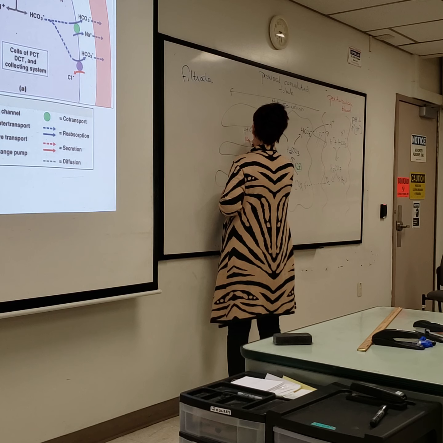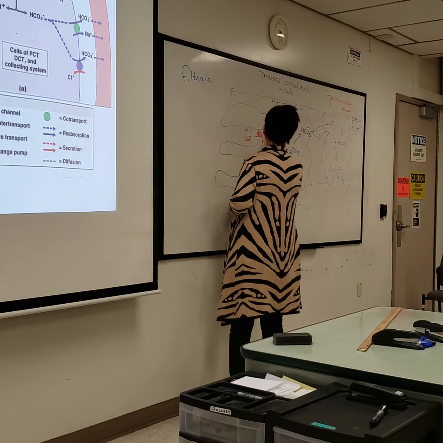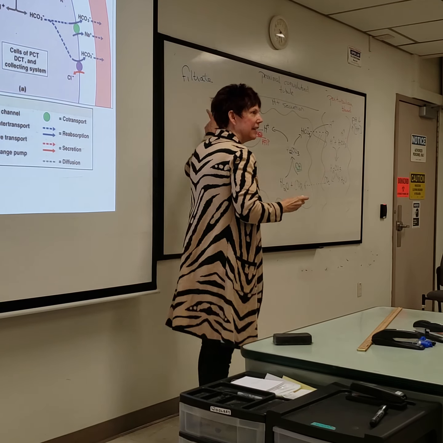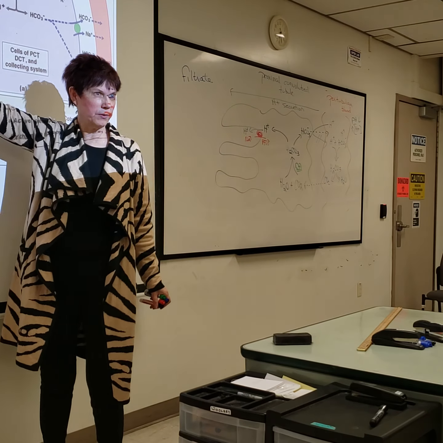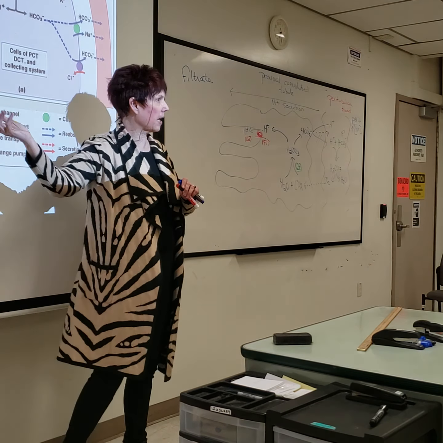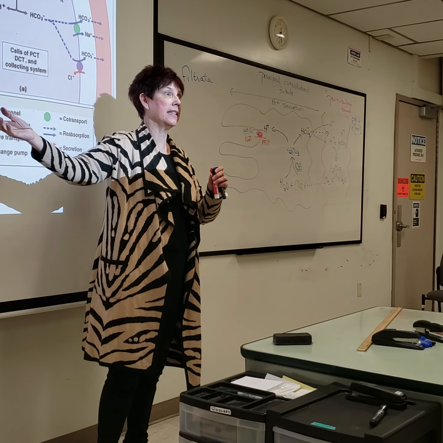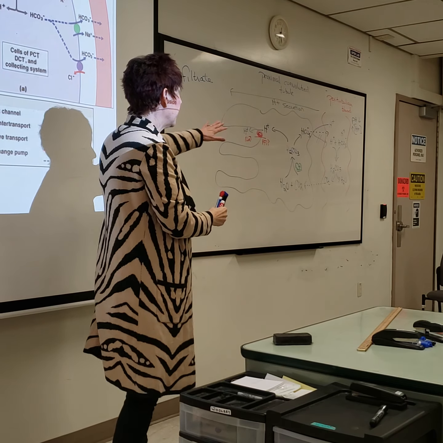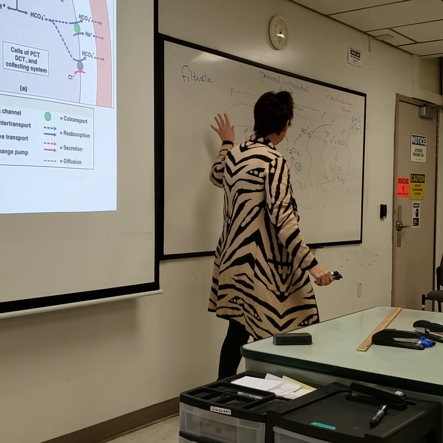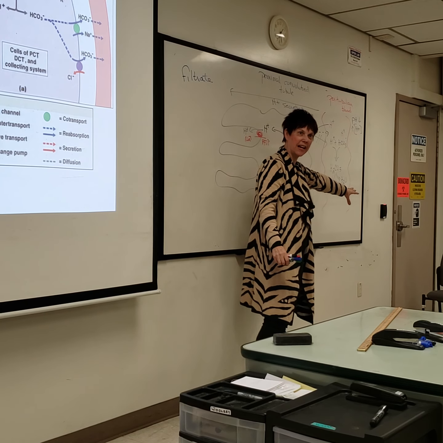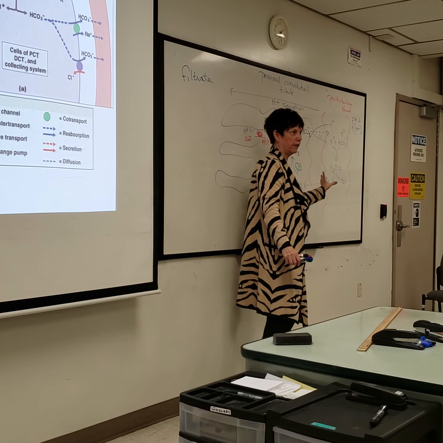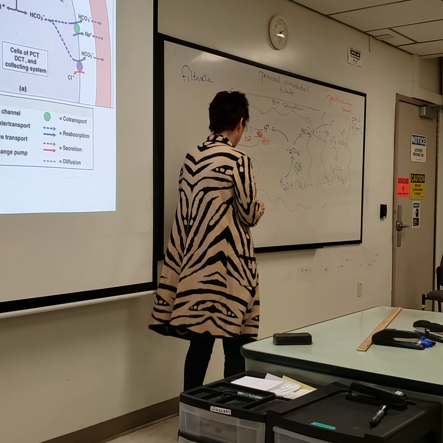Sodium gets pumped out. And now we've secreted hydrogen ions into the filtrate. So some of them got filtered, some of them didn't. And now we've secreted some of the ones that didn't and added them back to our filtrate. So now our plasma has fewer hydrogen ions than it did before filtration, all right?